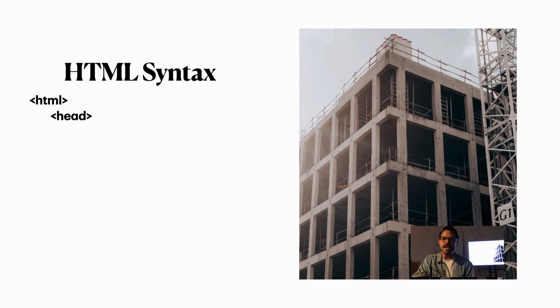So that's like the kitchen and the living room. In the head, we're going to put information for the browser, like, hey, the title of this web page is my cool web page. And then you can see here we've ended the title, so that it knows we're moving on to the next thing, by saying pointy bracket slash and then whatever the tag or the element is.